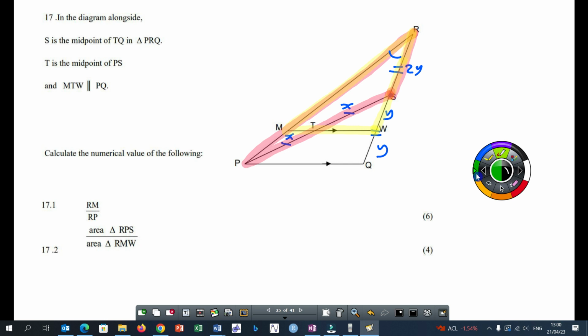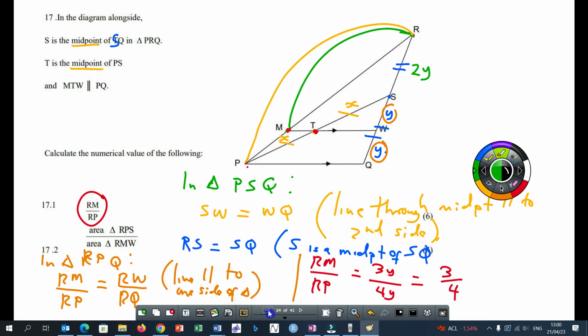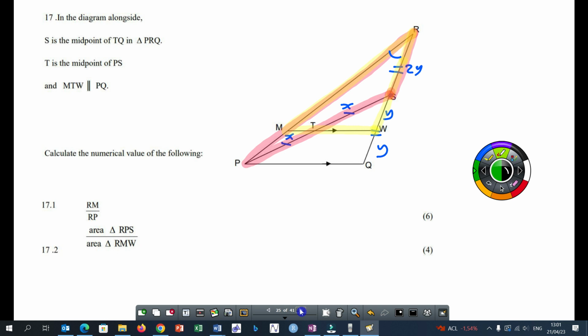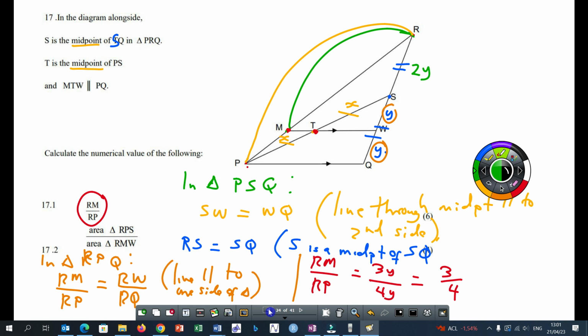So allow me to use K. Based on this ratio here, RM I can call 3K. So RM, I'm going to call it 3K, right? My PR is going to be 4K based on that. My PR is going to be what?